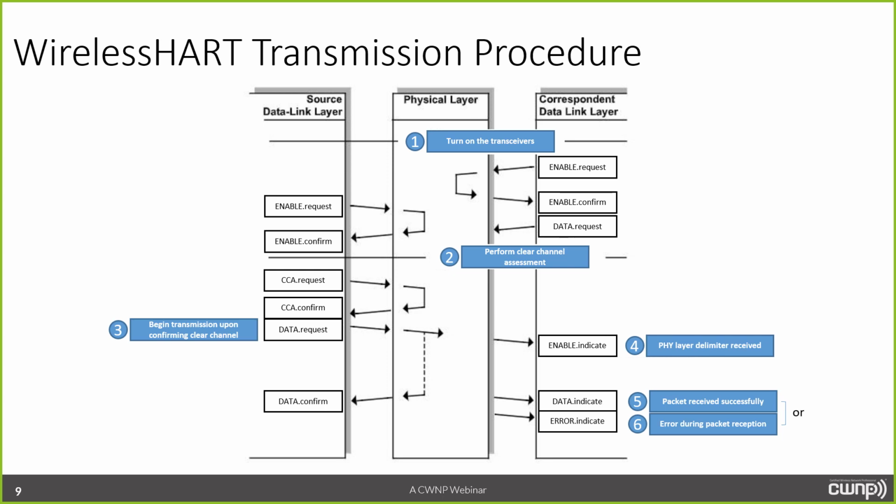The confirm comes back and says, yeah, the channel's clear. And so then it says, okay, then I've got a request for you to send this data. The PHY layer sends it, and then after sending it, sends back a confirm that the message was sent. So these are, again, primitives within the data link layer. And a primitive is simply, you can think of it as a minimum required function or capability within the layer.